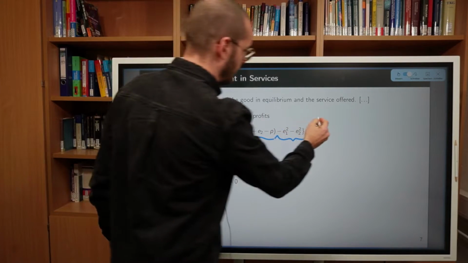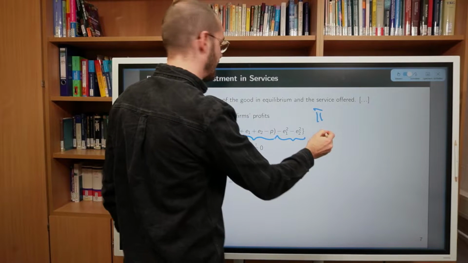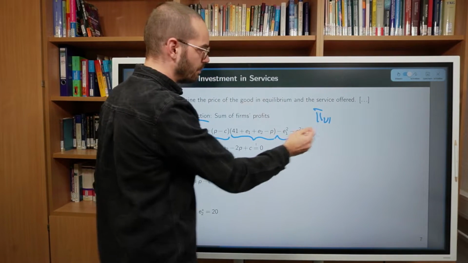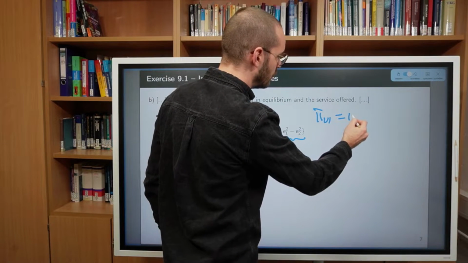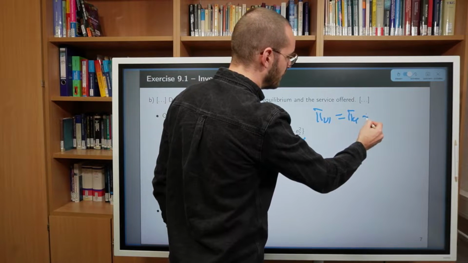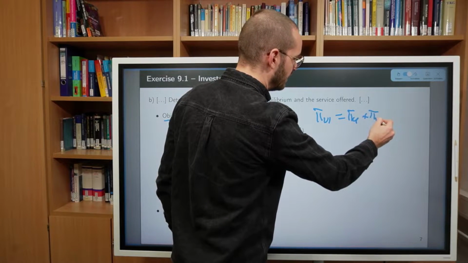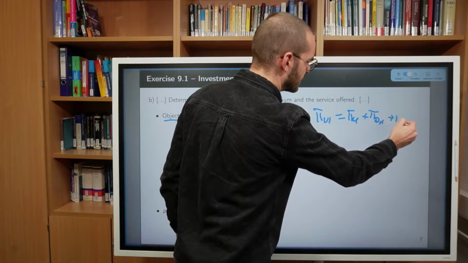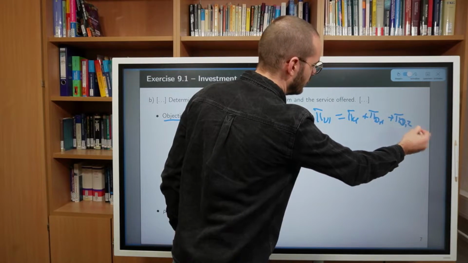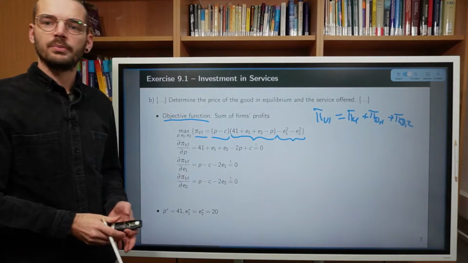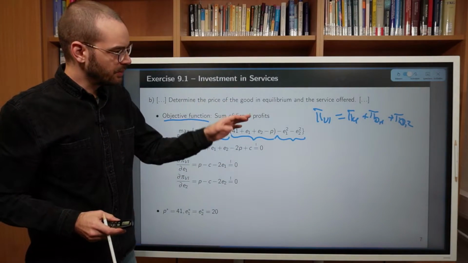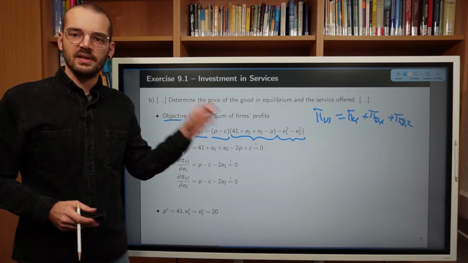So this result can also be derived by calculating pi VI equals pi upstream plus pi downstream 1 plus pi downstream 2, by adding up all the profit functions of all the firms participating in this merger.